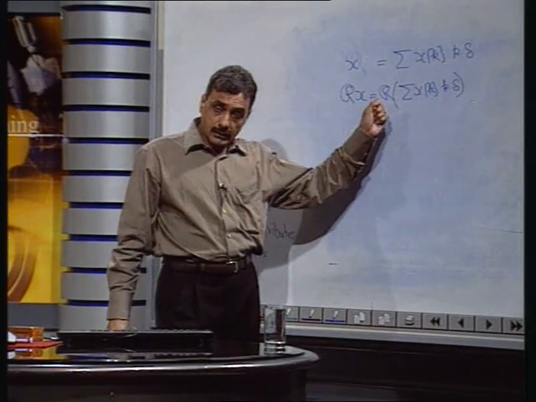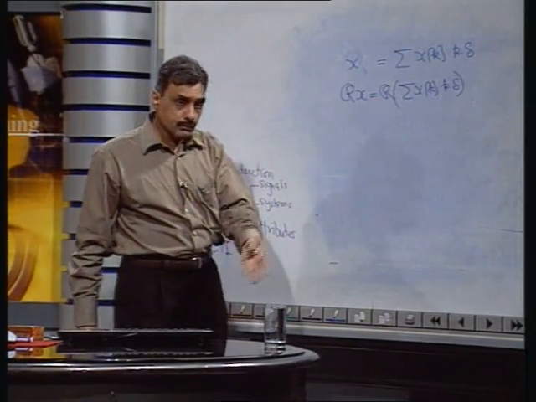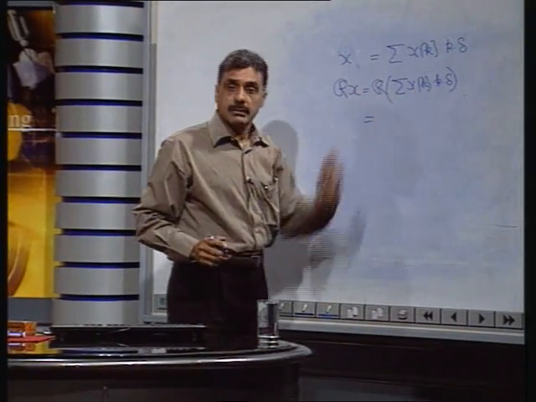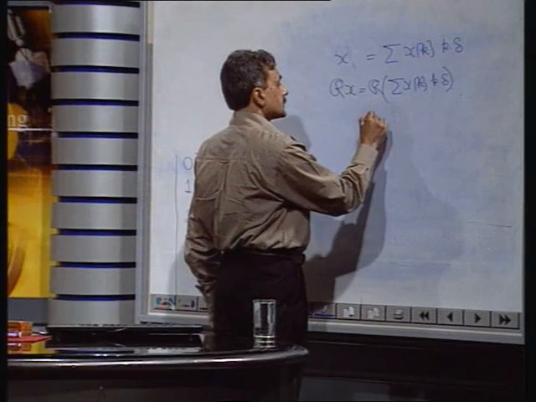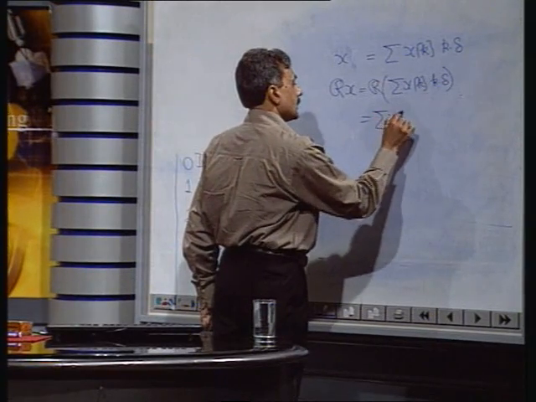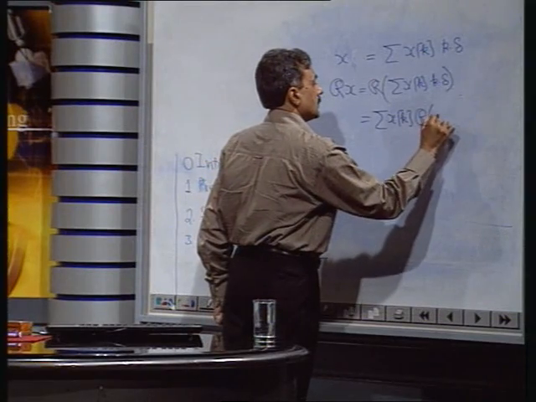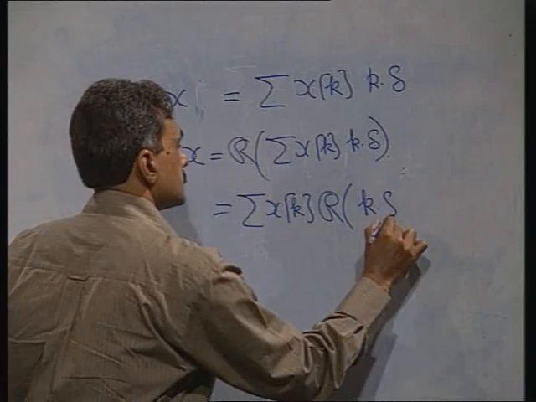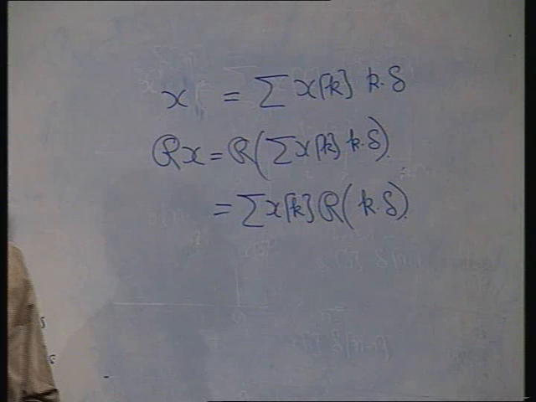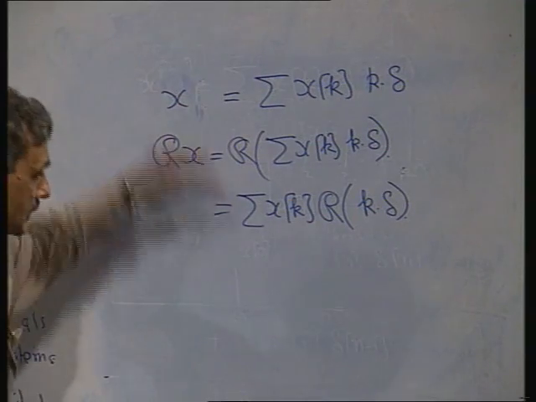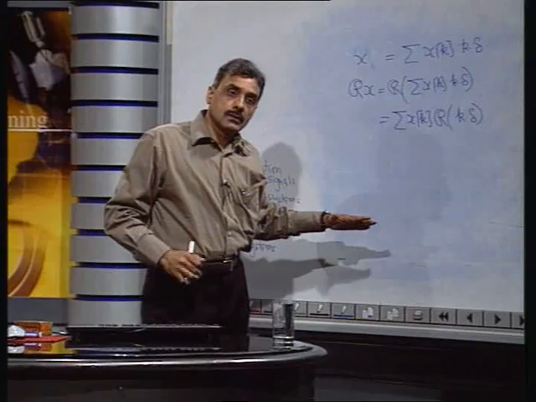Now R is linear. Let me assume that it is bounded linear, and R can be pushed inside. So I can write this as summation x k response of k dot delta. That is, you add the response of all those components. I had broken x into so many signals.